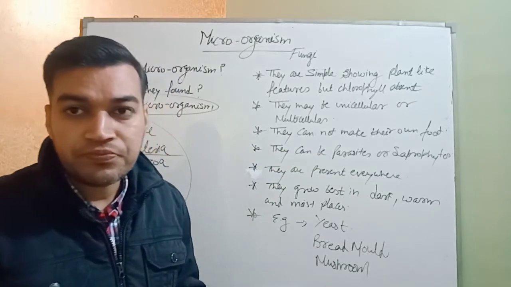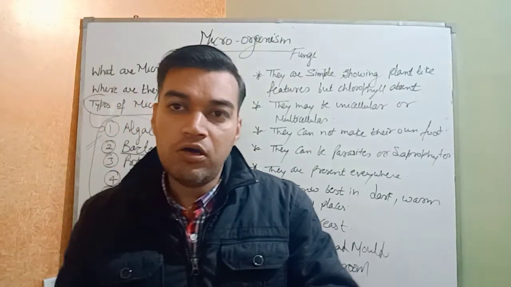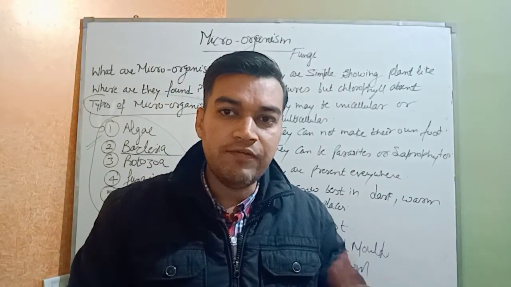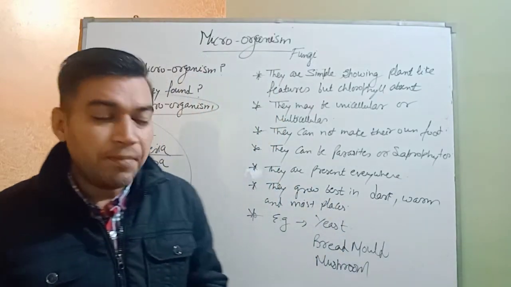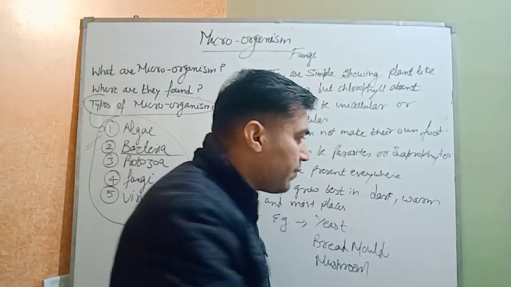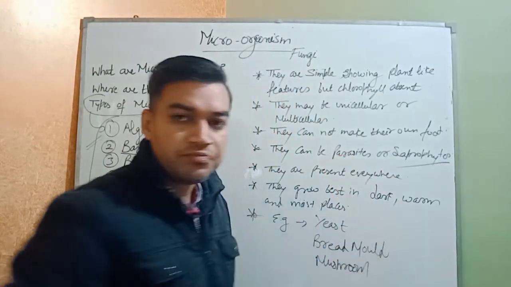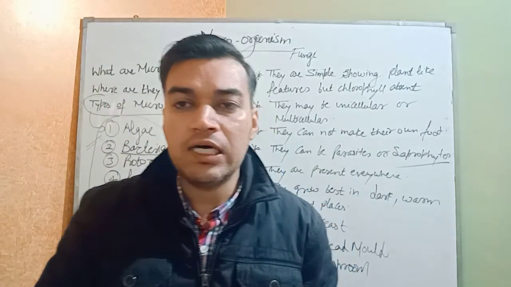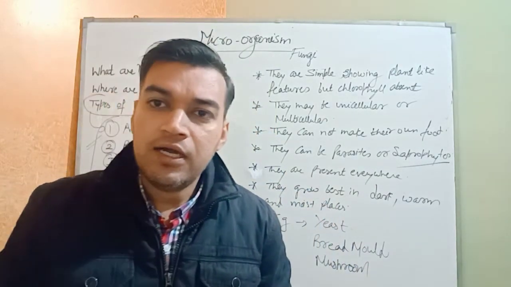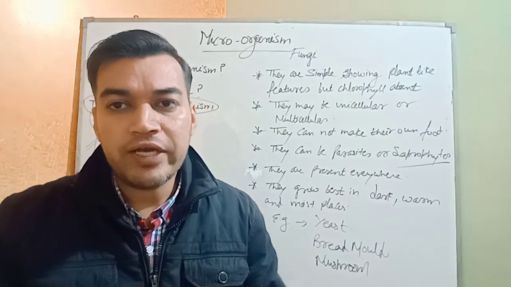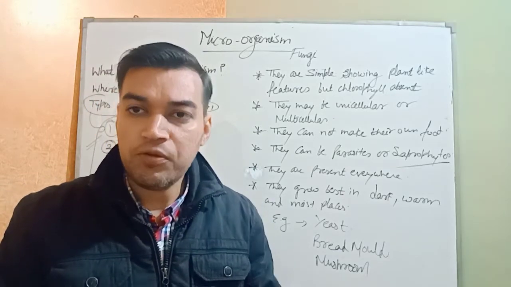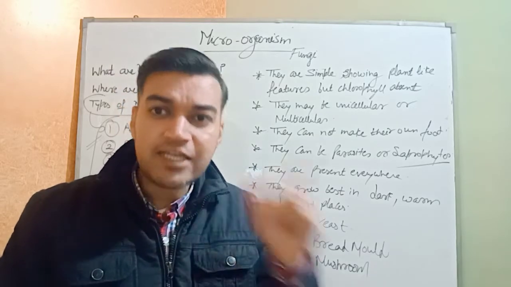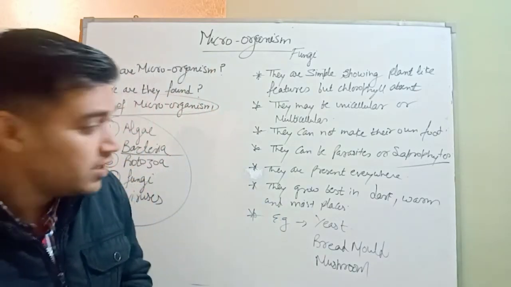The next point is that they can be parasites and saprophytes. Parasites, we know, feed on another body and depend on other living organisms. But what is the meaning of saprophytes here? Saprophytes are organisms which depend on dead bodies or dead remains, like flesh or meat, and decaying substances.